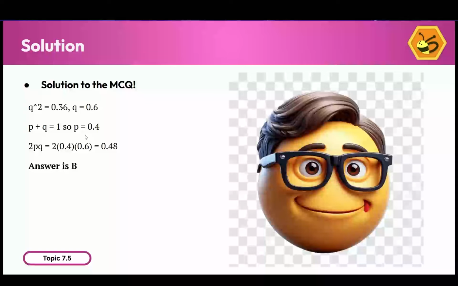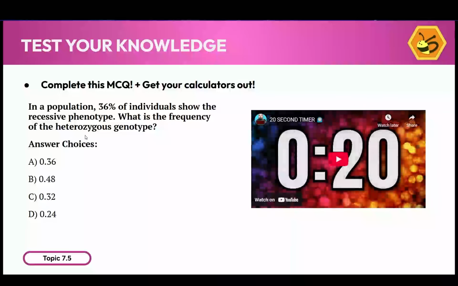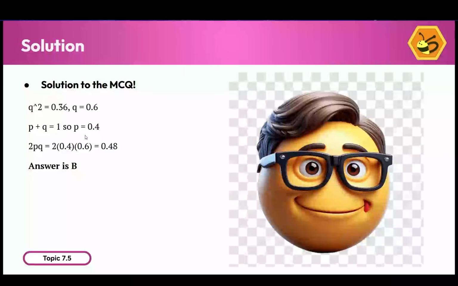So the solution to the MCQ: first of all, you know Q squared is equal to 0.36, because they told us 36% of the individuals show the recessive phenotype. By taking the square root of 0.36, we get Q is 0.6, and using the equation P plus Q is equal to 1, we can calculate that P is 0.4.